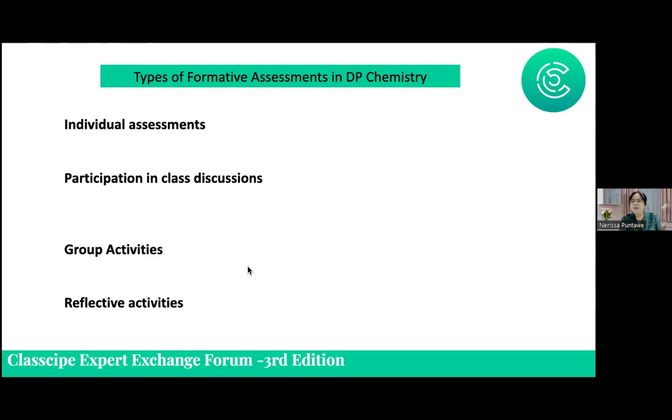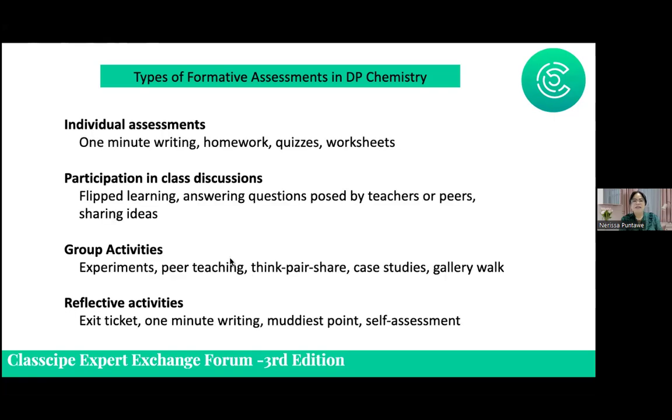So for individual assessments, we have here 1 minute writing, which I presented last week in the active learning. And homework, quizzes, worksheets are commonly given to the students. Now, in class discussion, you can have the flipped learning discussion, where you ask the students to read or maybe watch a video and you give them guide questions.